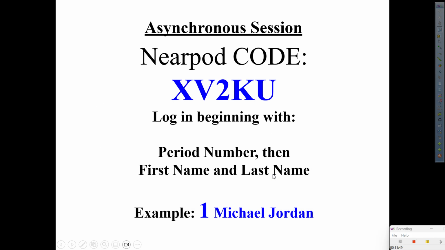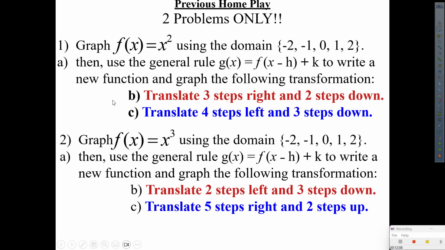All right, write this code down. The access code for homeplay: XV2KU. Write that down, please. XV2KU. That's going to give you access to the homeplay on the slides in there. Last night's homeplay was this one: 2 problems, each with 2 equations you needed to write and the transformations.